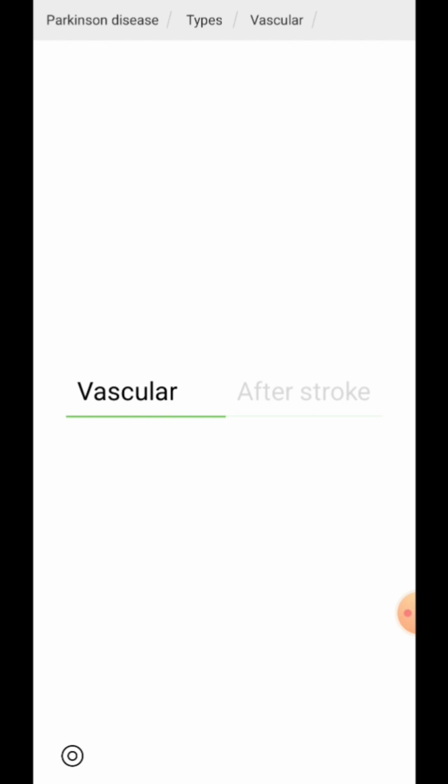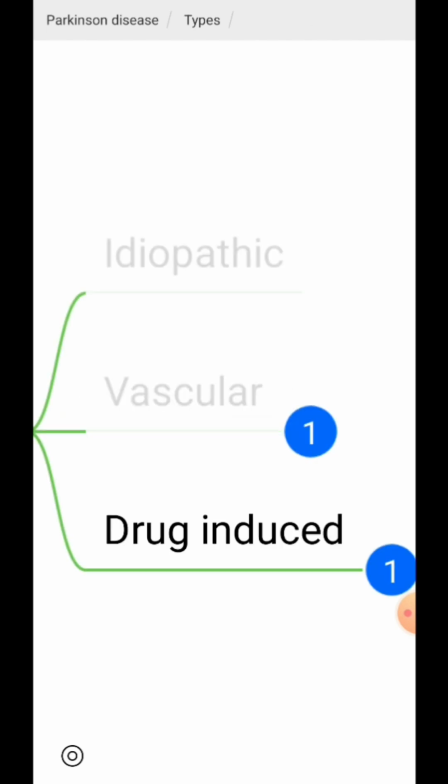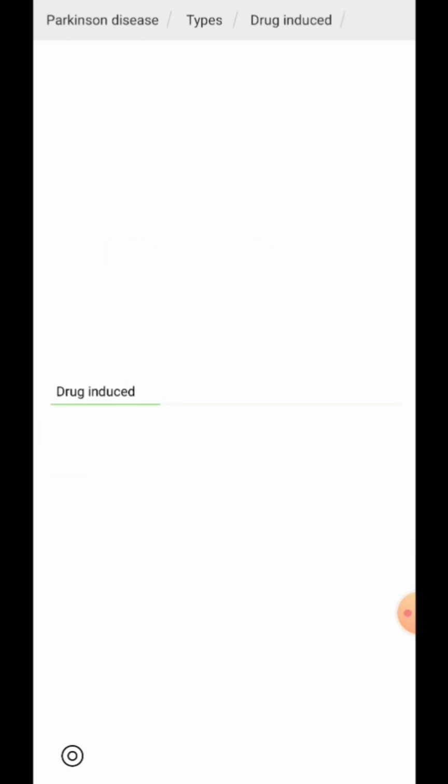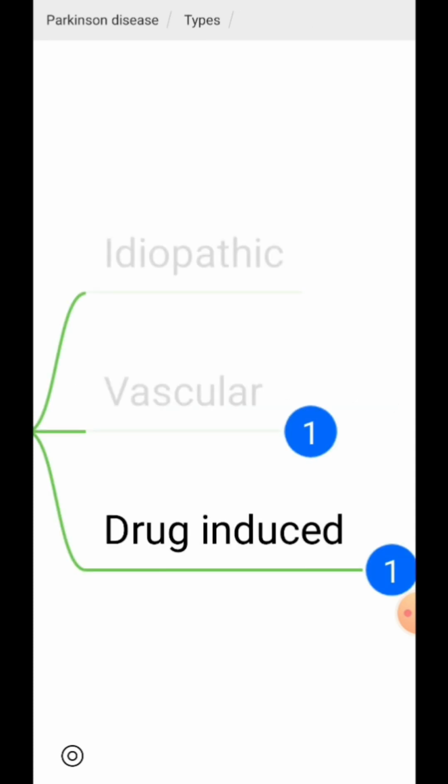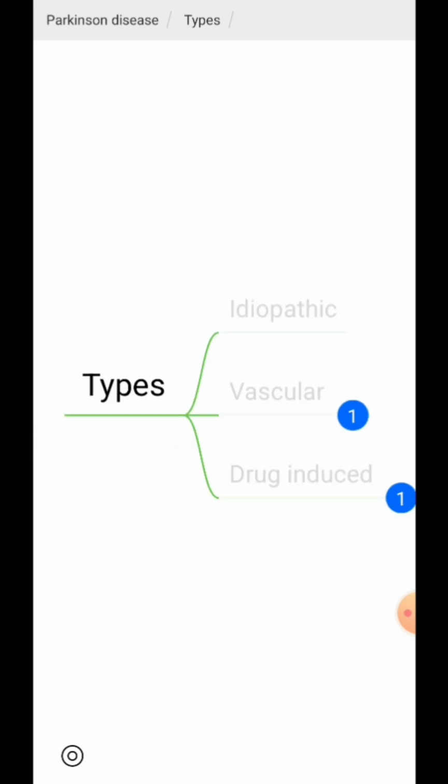So vascular Parkinson's disease is another type. And drug-induced Parkinsonism can also occur, like after taking neuroleptic drugs such as antipsychotics. So the types of Parkinson's disease you can take as idiopathic, vascular, and drug-induced.